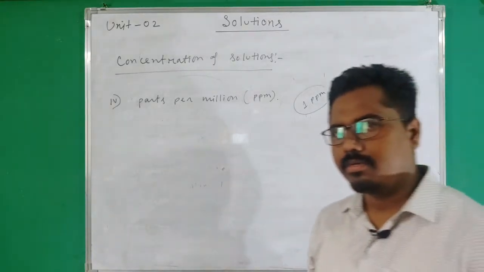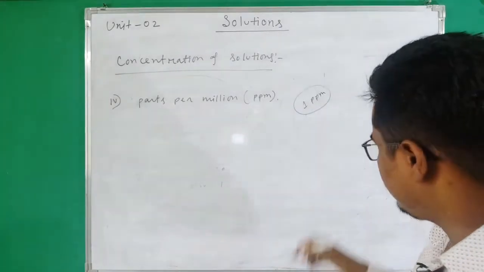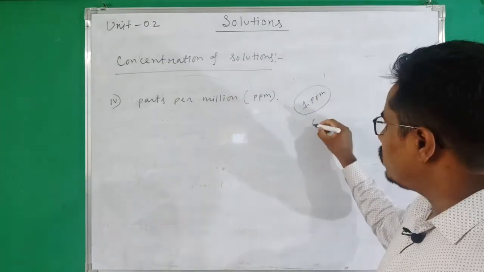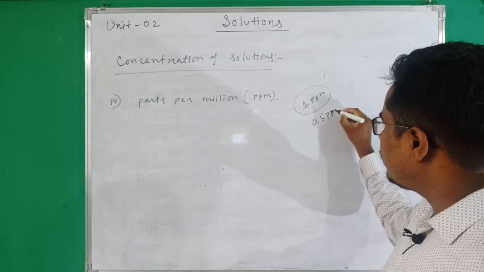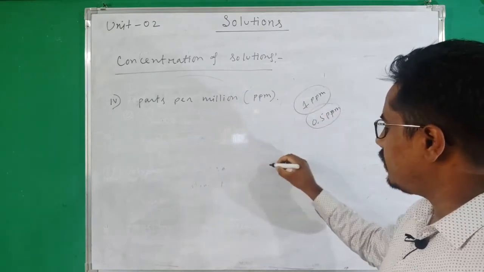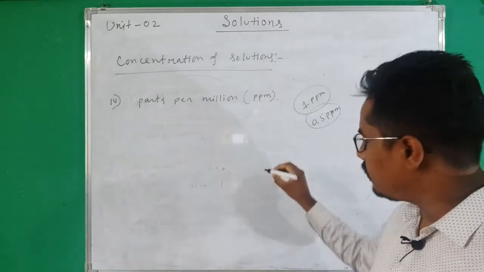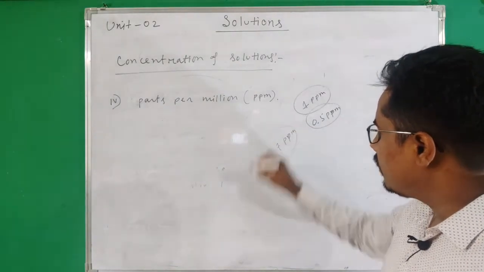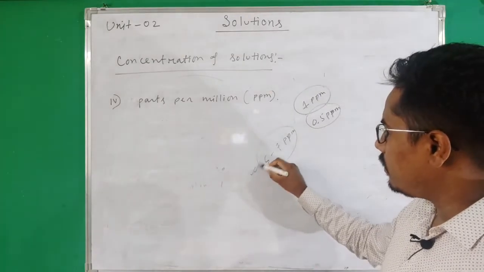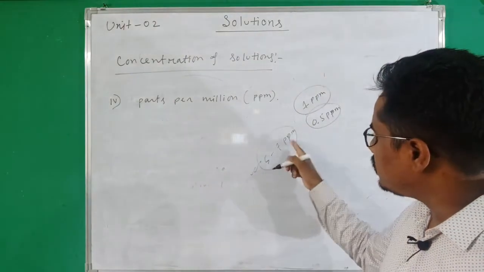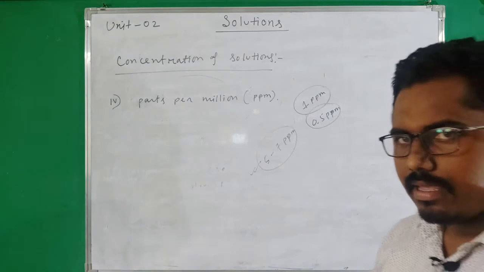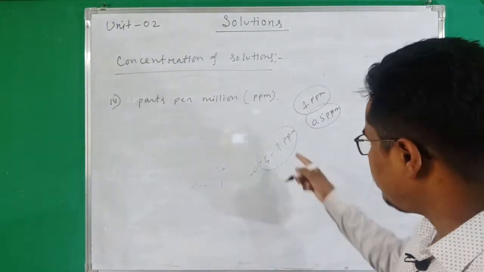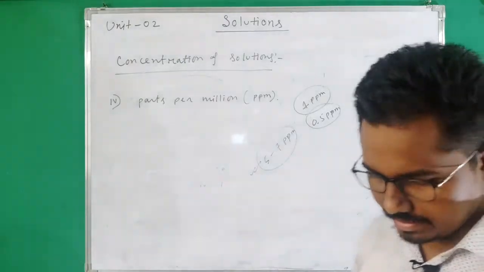If you have any blood report right now, you can see it. Some components are present at 1 ppm or 0.5 ppm, or it is mentioned that this component must be present from 5 to 7 ppm. That means the concentration of that component in blood is expressed in parts per million.